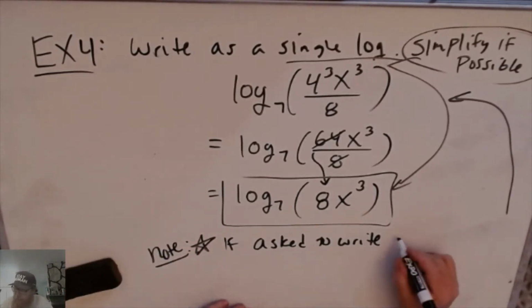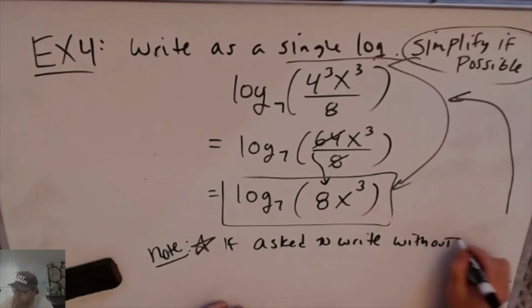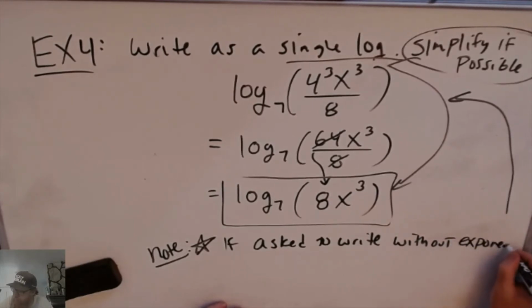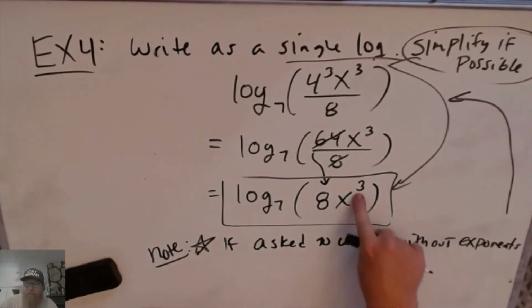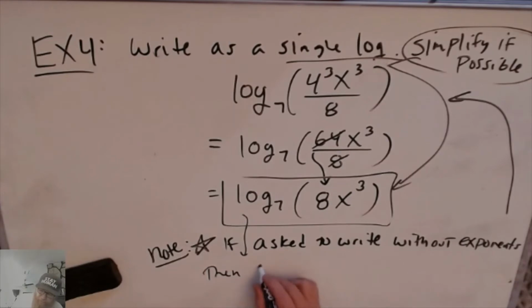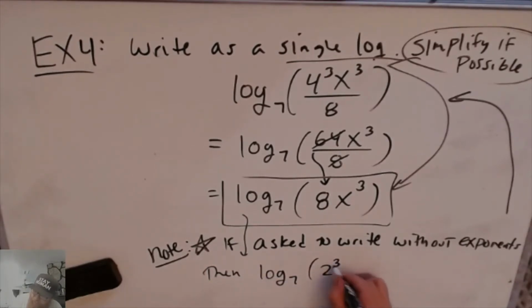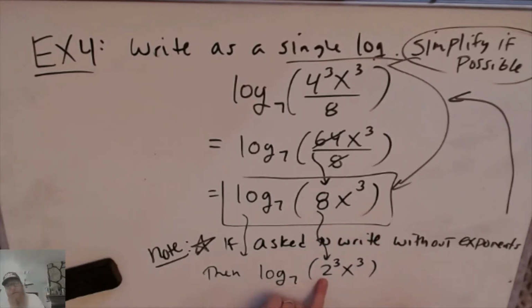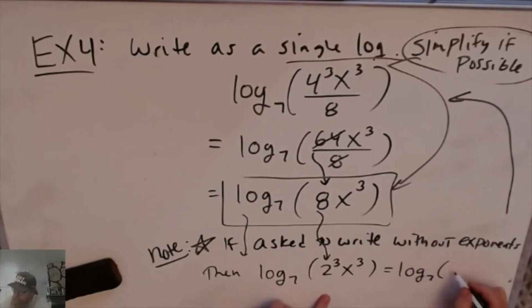If you're asked to write without exponents, like we did earlier, just go back and read it and see if it's asking for no exponents. Then you have to get rid of that third power right there. So you would write it as 2 to the third. The 8 is 2 times 2 times 2. Then you can remove the exponent.